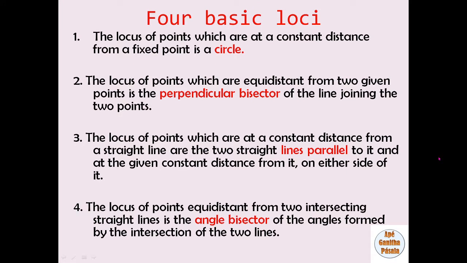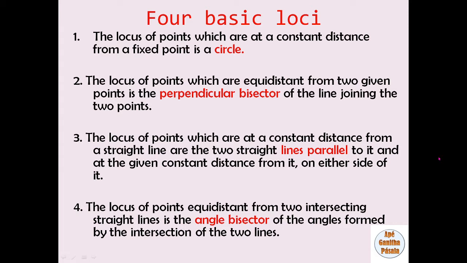There are 4 basic loci in geometry: circle, perpendicular bisector, lines parallel to a certain line, and angle bisector. The locus of points which are at a constant distance from a fixed point is a circle.